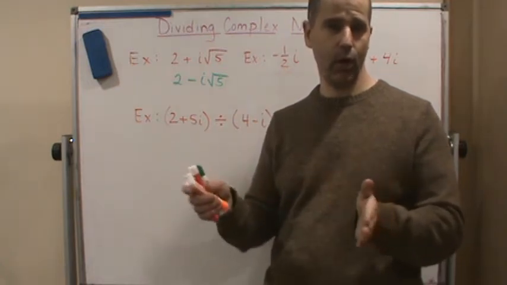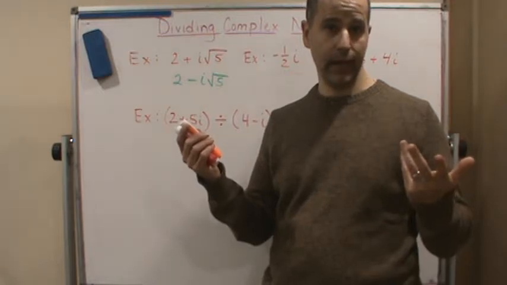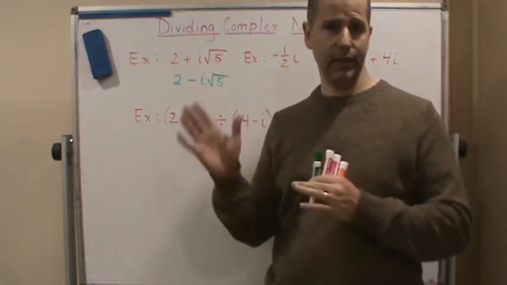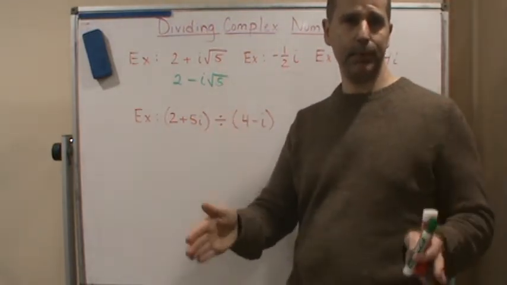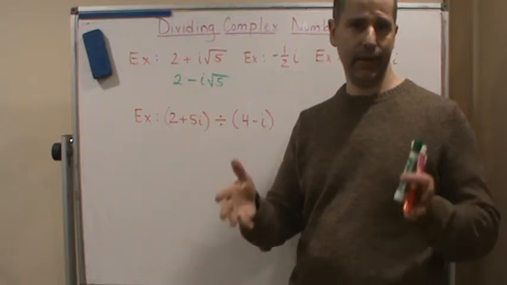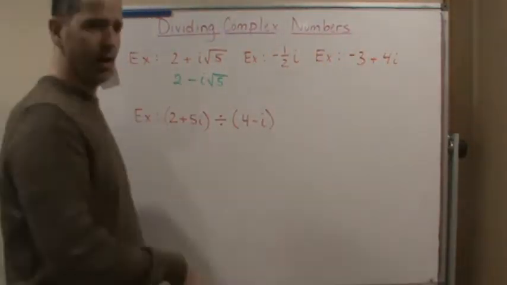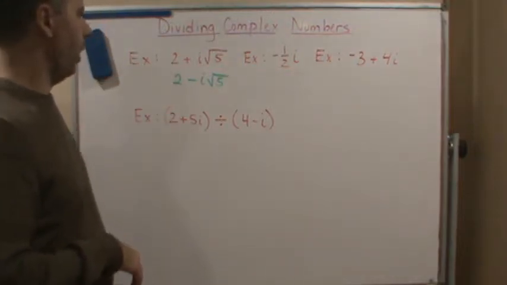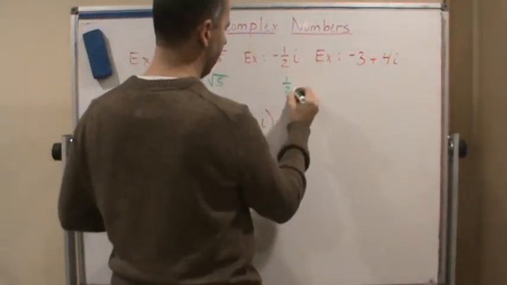All we have to do is multiply by i on the top and the bottom. So the conjugate is only used in division when we have a complex number in the denominator. I'll show you an example when we get there. So this would just be 1/2 i.